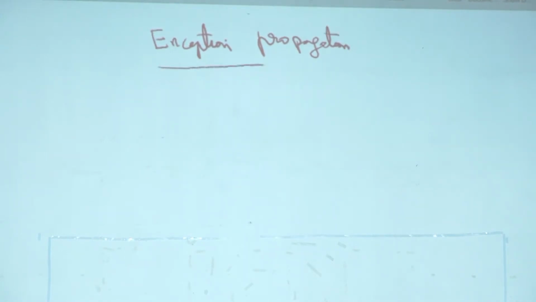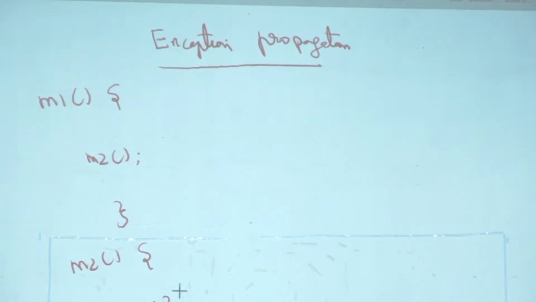So imagine a scenario in which I have a class with a method M1. Now M1 calls a method M2. M2 is another method. M2 calls M3.